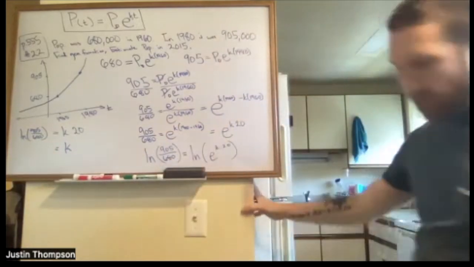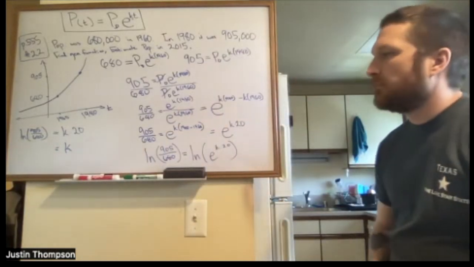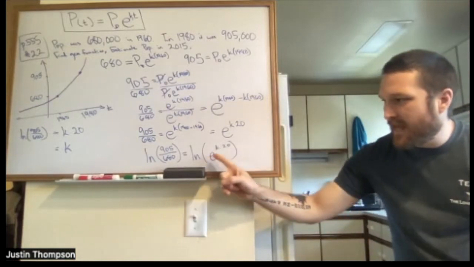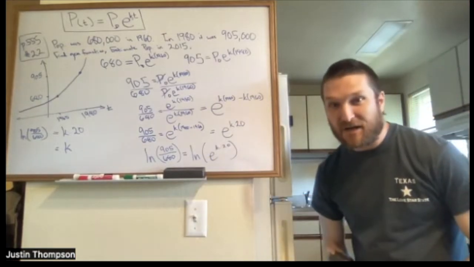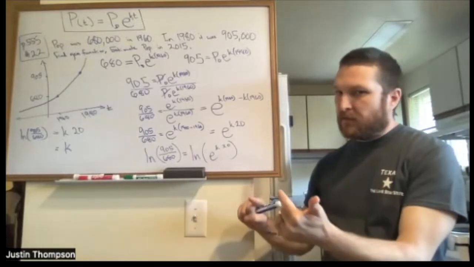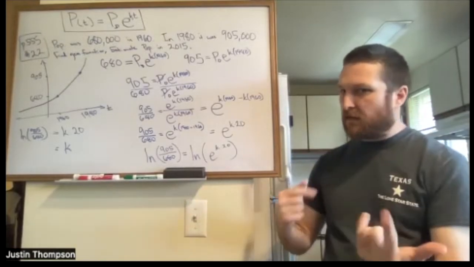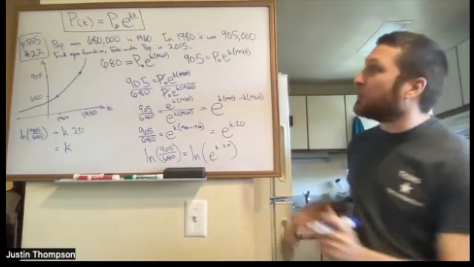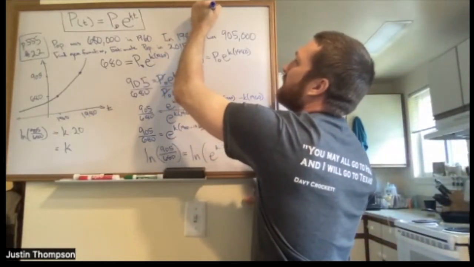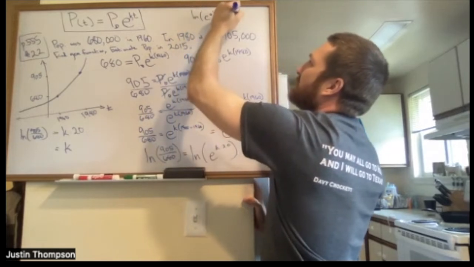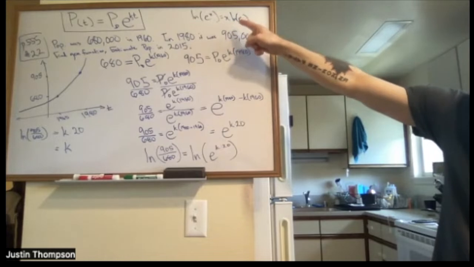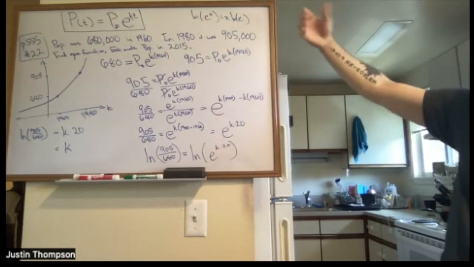You got K times 20 because the natural log of e is equal to 1, right? There you go, that's another way of thinking about it. Like I was saying earlier, the natural log of e to anything is just whatever the anything is. Or if we don't trust that, we could pull that something down, and then the natural log of e is just 1.